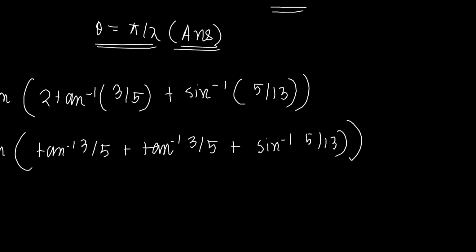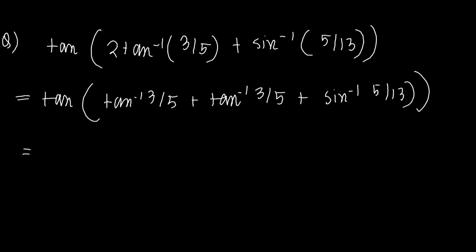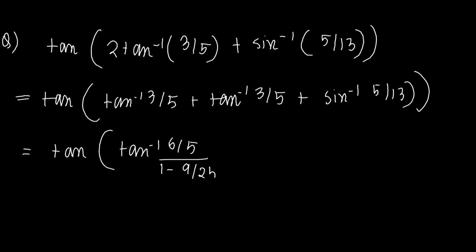In the next step, tan inverse of x plus tan inverse of y, so we can write tan inverse of (6 by 5) by (1 minus 9 by 25), plus this sine inverse of 5 by 30.